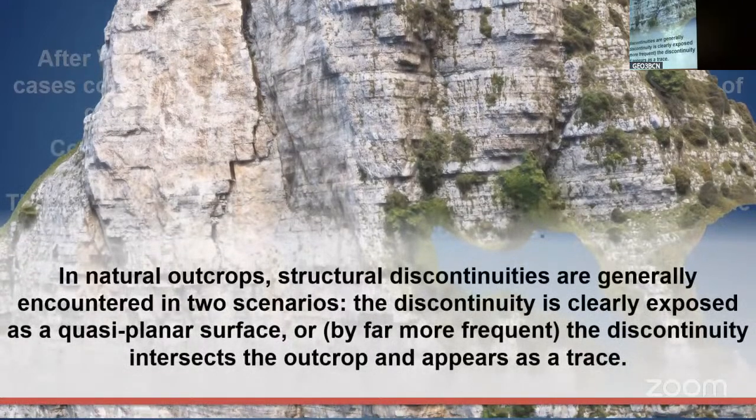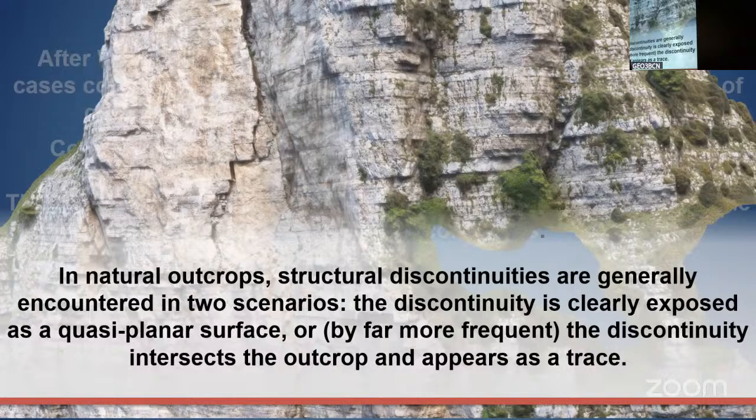So, in natural outcrops, and so also in digital outcrops, geological surfaces are generally exposed in two ways. There is the situation in which the outcrop maps the geological surface. So the geological surface, a fracture or a bedding, is just the surface of the outcrop. That is something pretty interesting from the mathematical point of view, but is not that common.